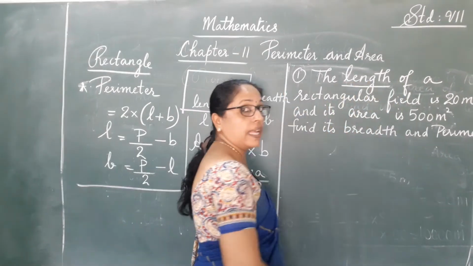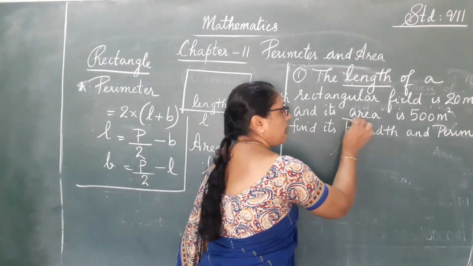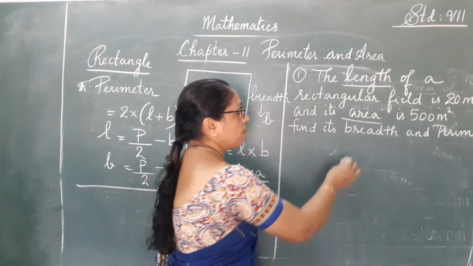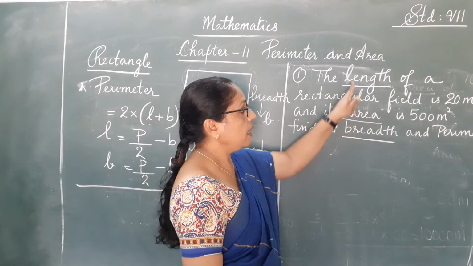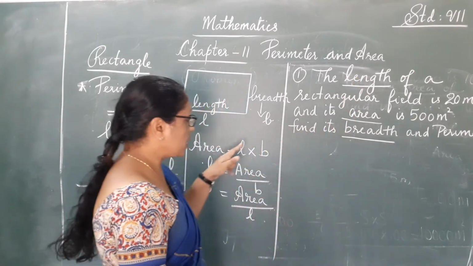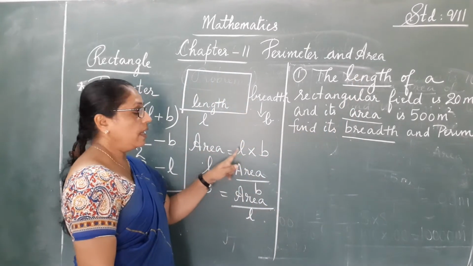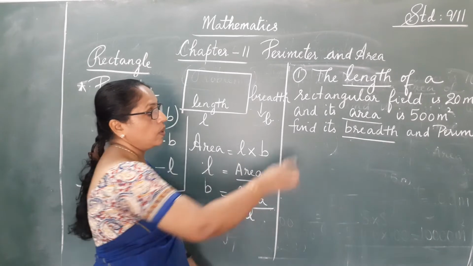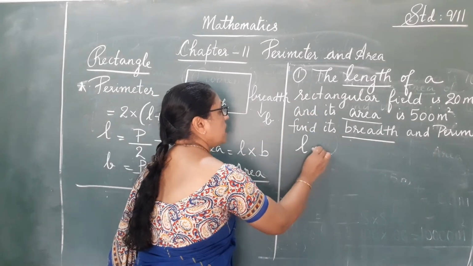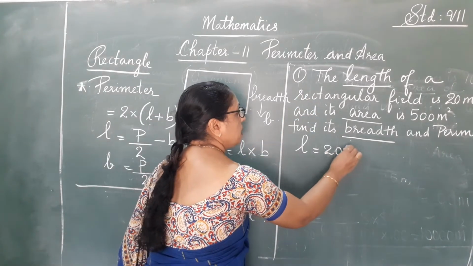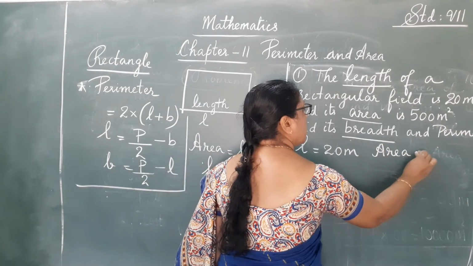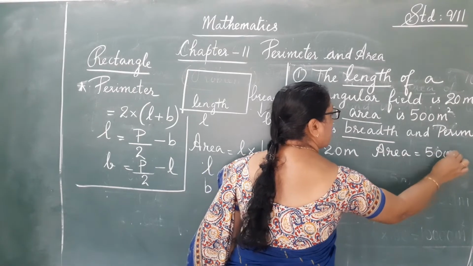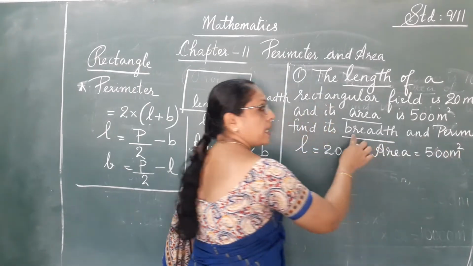Length is given, area is given. What we have to find? Breadth. So area, length, breadth connect to the formula area equals length into breadth. L is given as 20 meter, area is given as 500 meters square. So how do we find breadth?